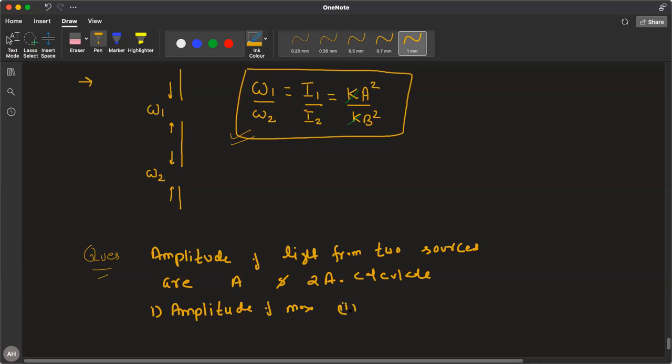Second part, I need the amplitude of minimum. Third part, calculate the ratio of intensity of maximum and minimum. Do it.